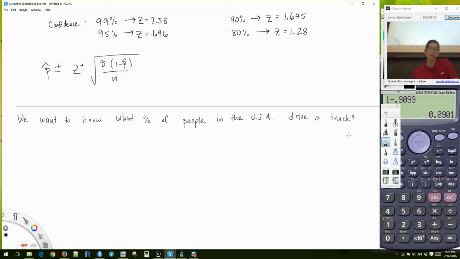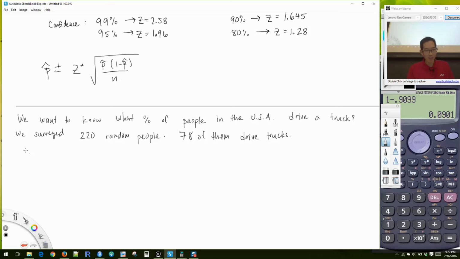We surveyed 220 random people, and we'll say 78 of them drive trucks. It's probably higher than that. Whatever.